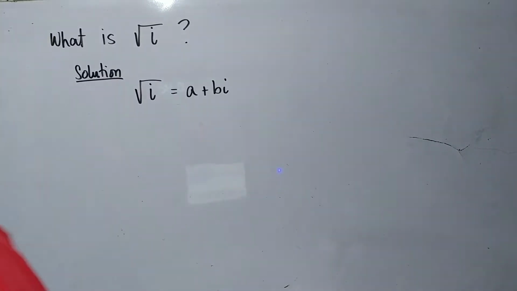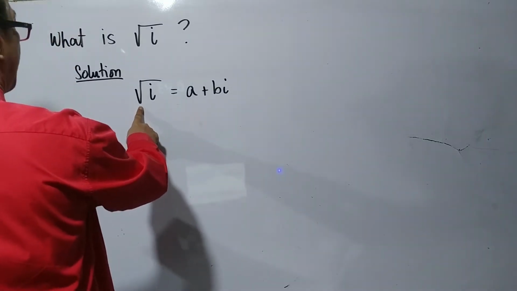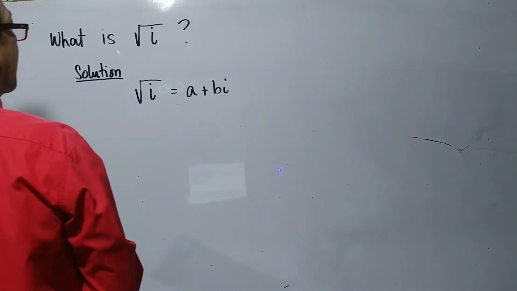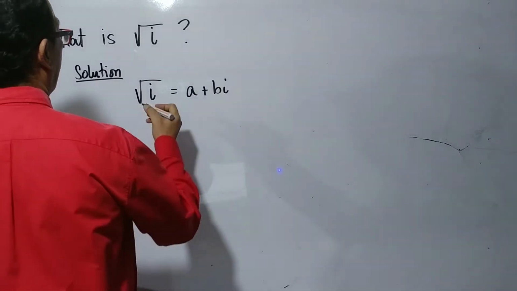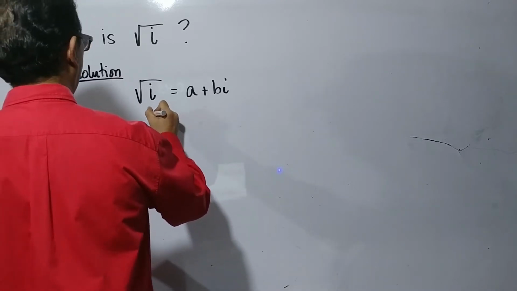So, to eliminate the square root here, we have to multiply both sides by 2. So you have to square.